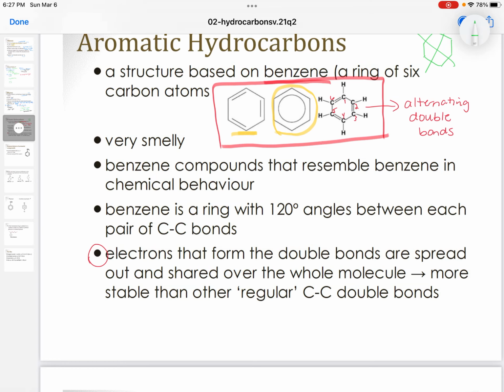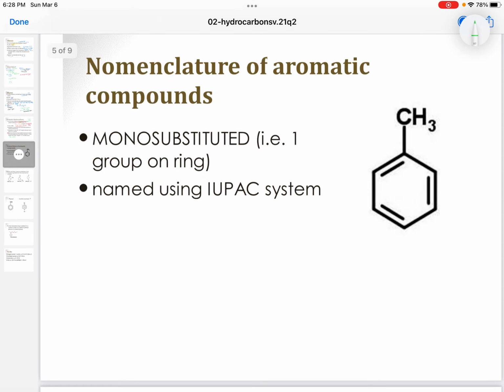Okay, so it says it's more stable, which implies it's not reactive. So in a molecule like this, where we have something, we call it substituted on the ring. So the parent chain is benzene.